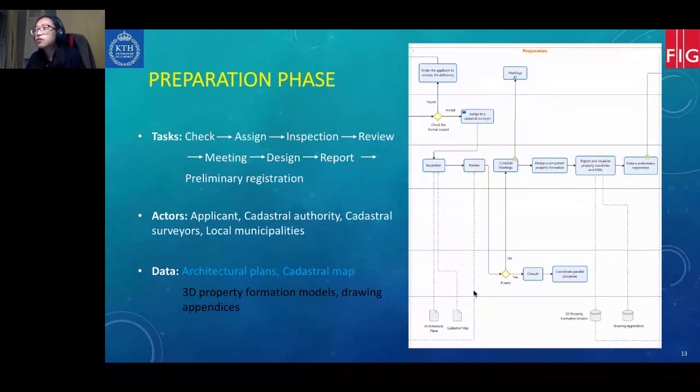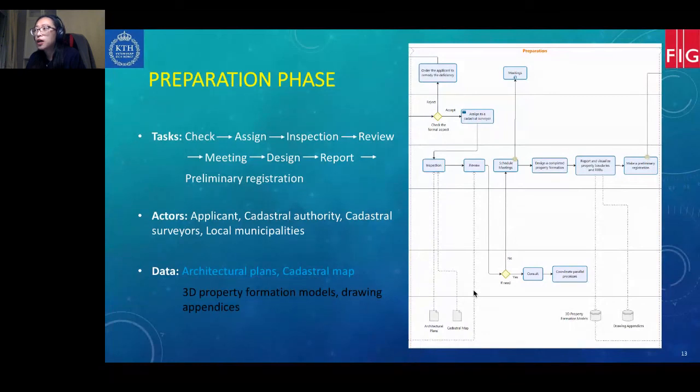So the surveyor inspects the applicant's architectural plans and the necessary cadastral maps on footprint level, and reviews the suggested property boundaries and the need for rights, restrictions, and responsibilities in 3D by using the original information in the cadastral dossier.